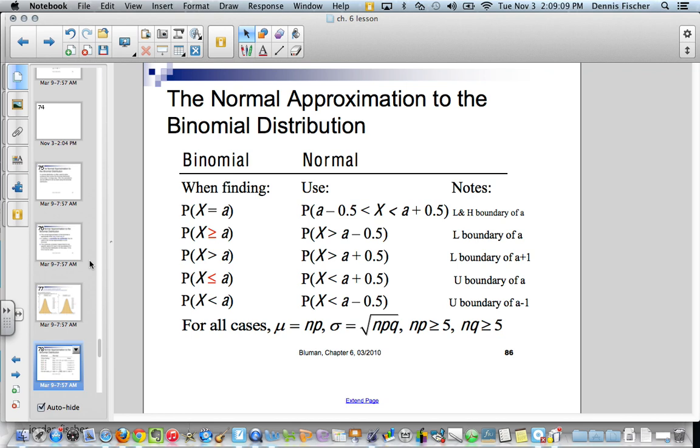The hardest part on these types of problems is determining what to do. If it's less than this value, it's 100. Notice here, if it's greater than, let's say for example I want this value to be greater than 1, that says we use what? Greater than 1, we're just going to add on 0.5.